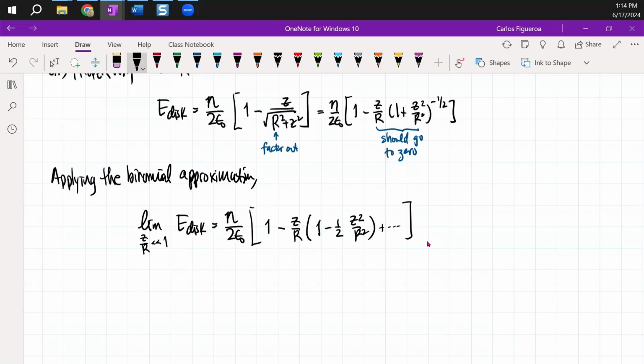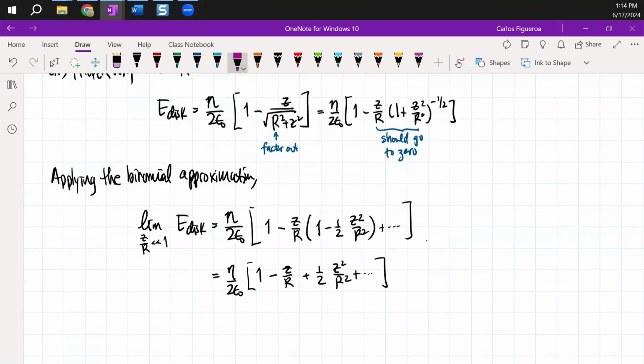So when it cleans up here, I'm going to get eta over 2 epsilon. Then I'm going to get a term that's 1, then z over r plus 1/2 z squared over r squared. And I keep going on.